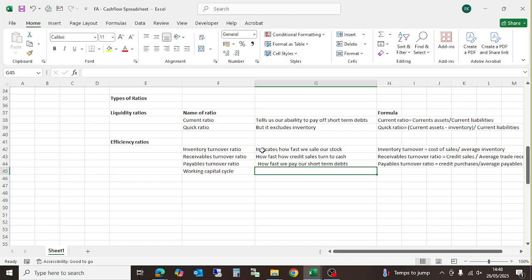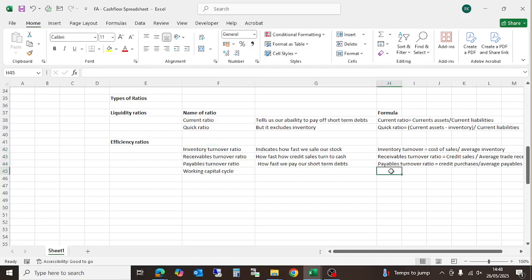You see the way we have our receivables, our inventory number of days, and our payables. By the way, all these ratios we have to multiply by the number of days, 365. And then we have all these days. The working capital cycle is basically a combination of all these three.